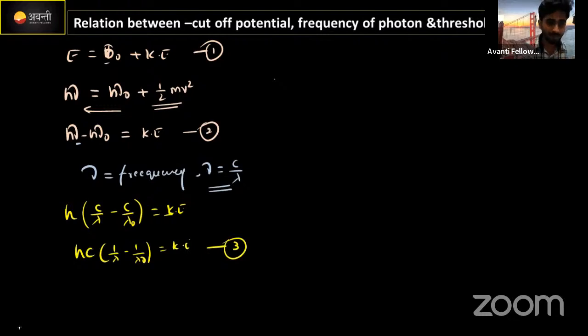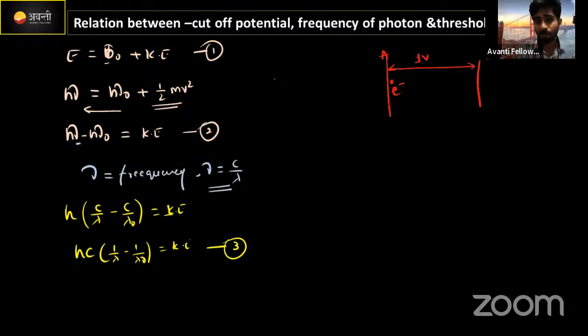Listen carefully here. There is an electron, it's a particle, moving from position A to B, say there is 1 volt between them.